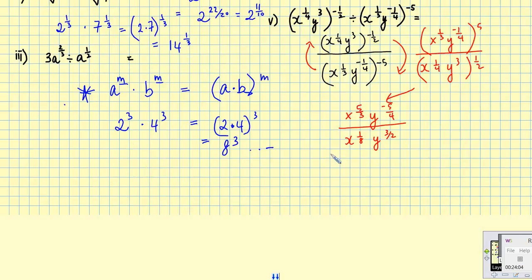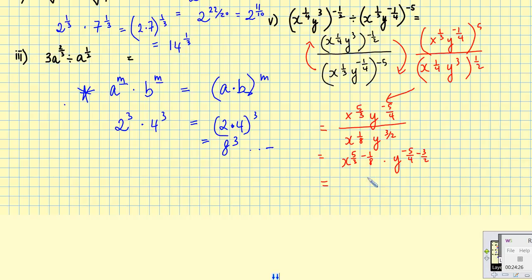That's a bit of a drag. So I'm going to do x to the 5/3 minus 1/8, multiplied by y to the -5/4 minus 3/2. I've decided to not bring the y down, I'm just going to subtract it.